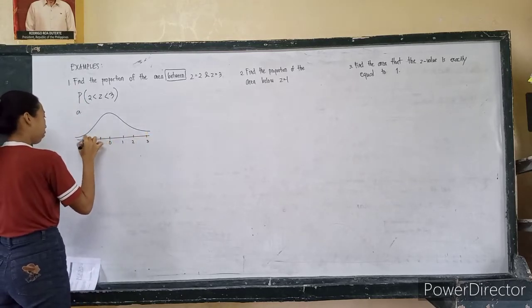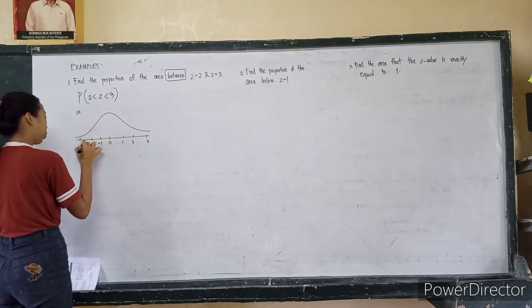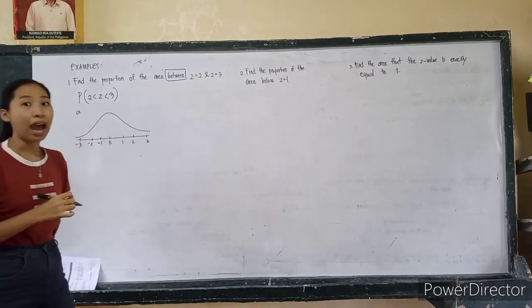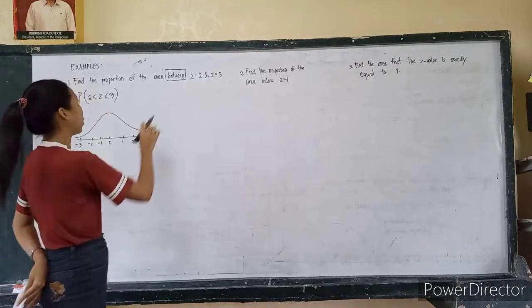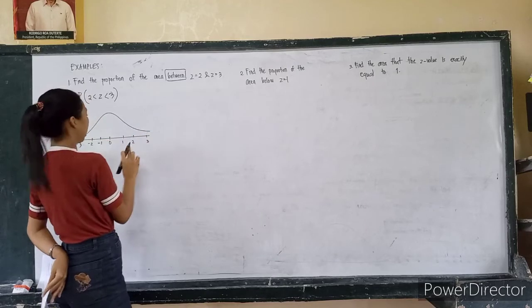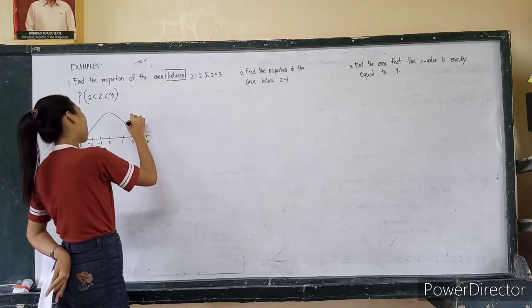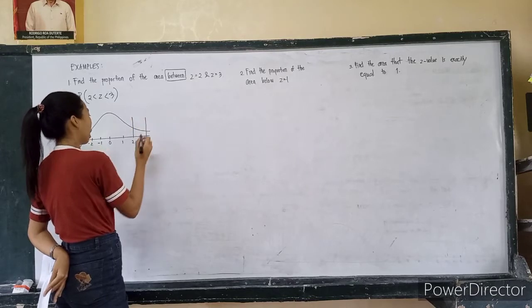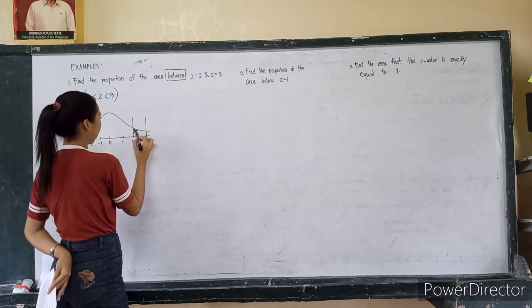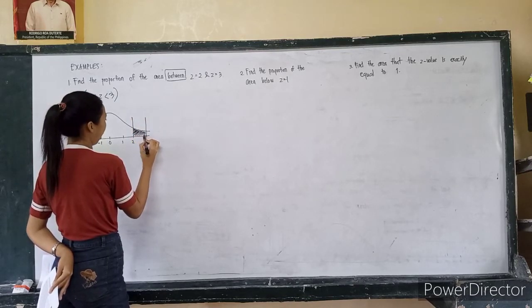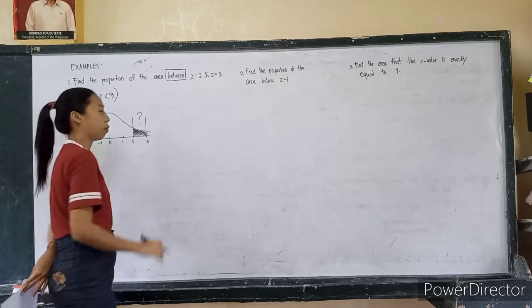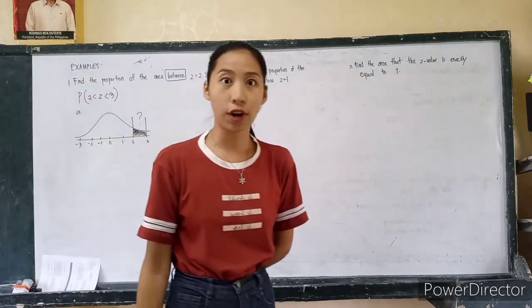This is negative 1, negative 2, and negative 3. Ang atong ipangita nga region is between 2 and 3. This is your 2, correct? And this is your 3. So, ang atong ipangita nga region is kaninga part. This is what we are looking for.